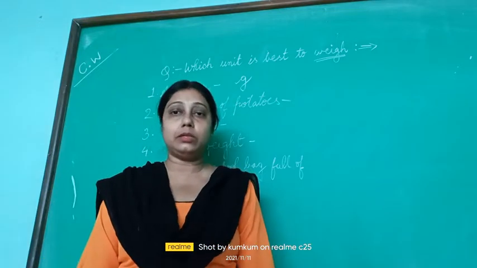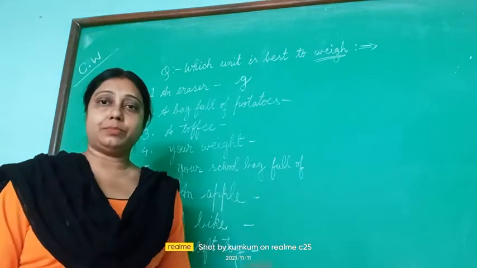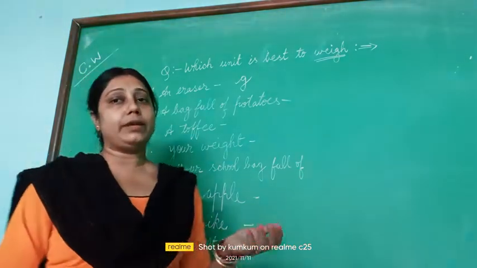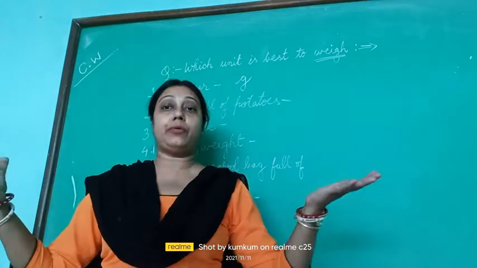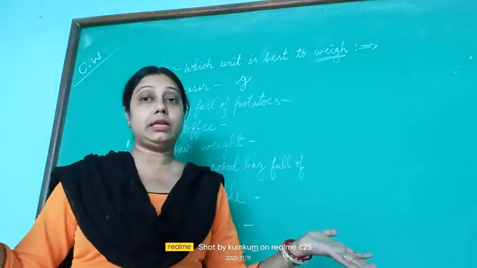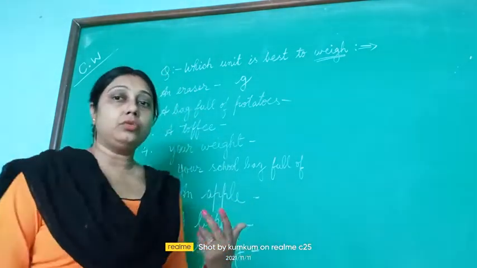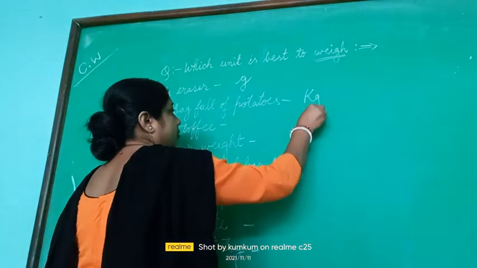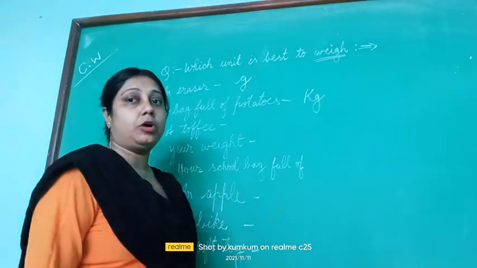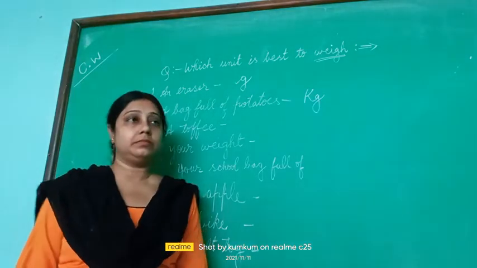I explained to you that heavier objects go downwards and lighter objects go upwards. So when it is a bag full of potatoes, that means many potatoes are there, so it is very heavy. When it is very heavy, those objects are measured in kilogram. The objects which are heavier are measured in kilogram.